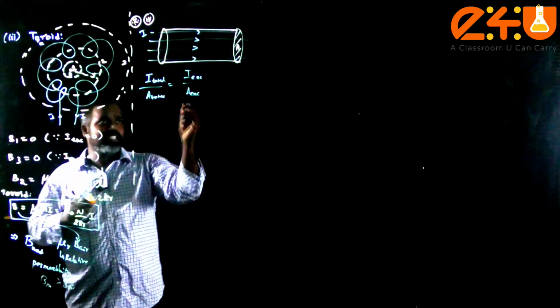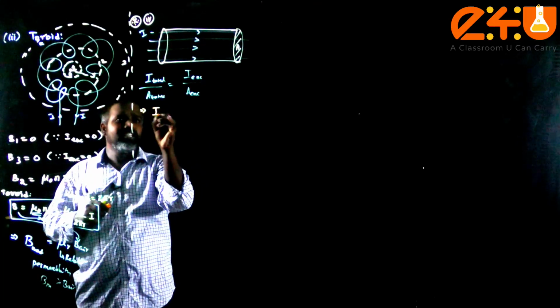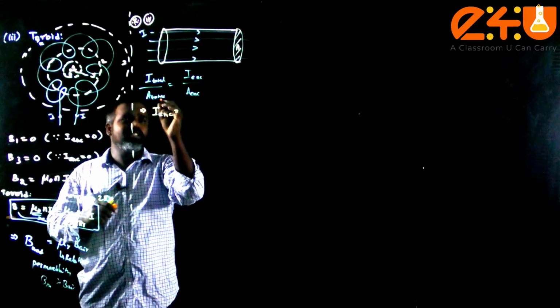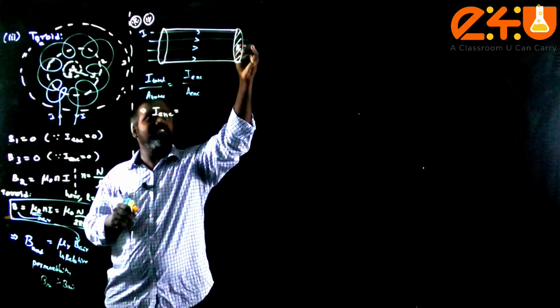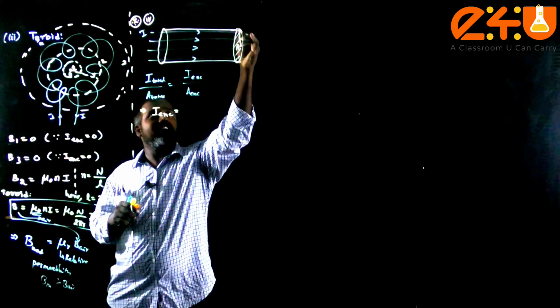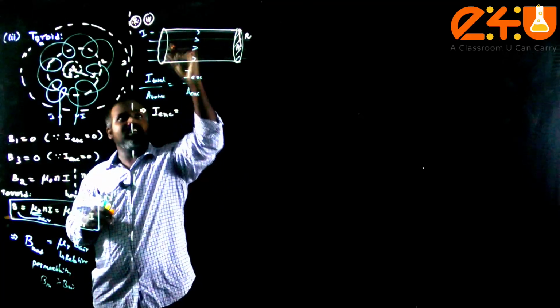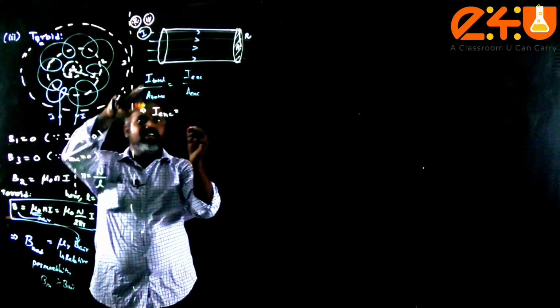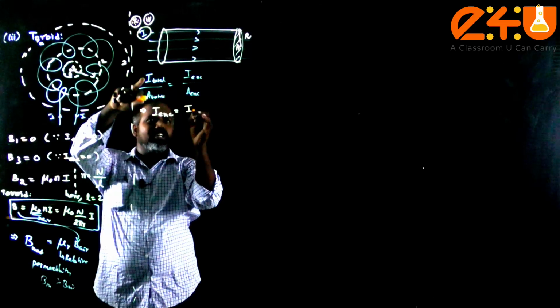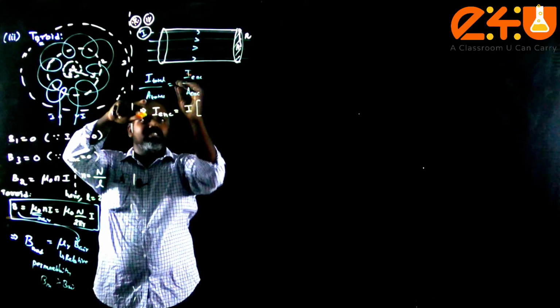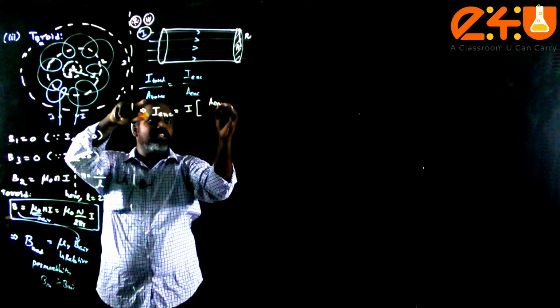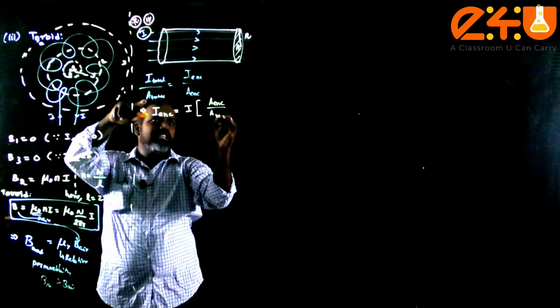Therefore I enclosed is equal to the total current I into area enclosed divided by area total.